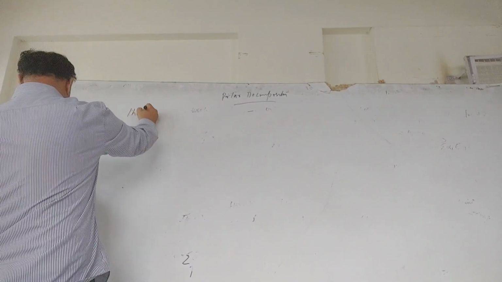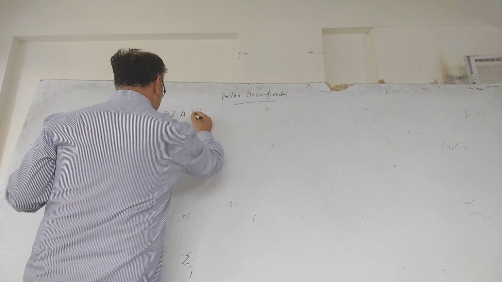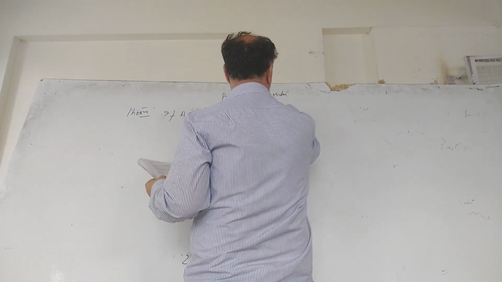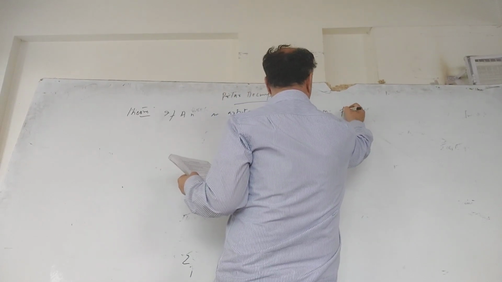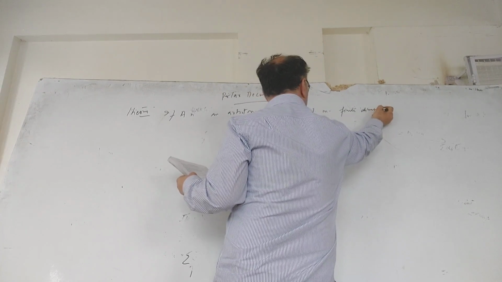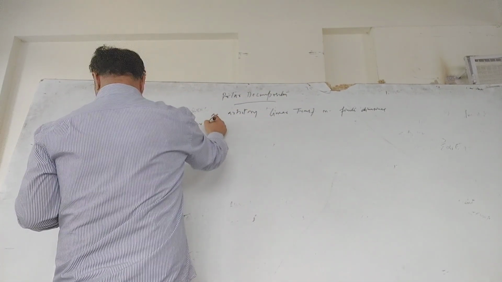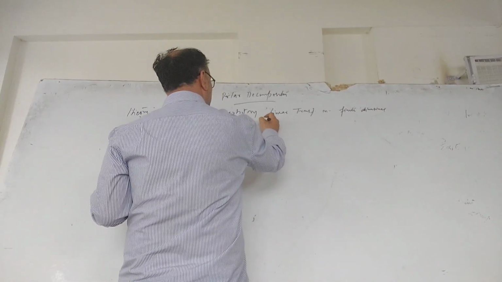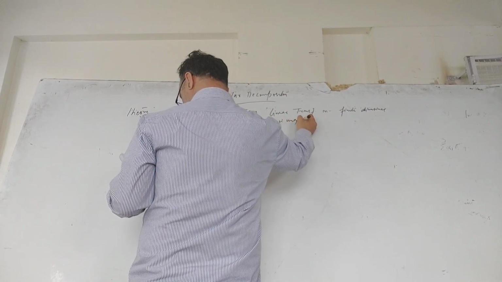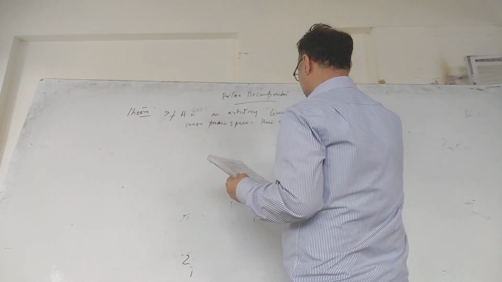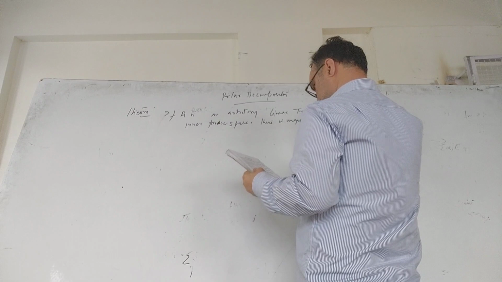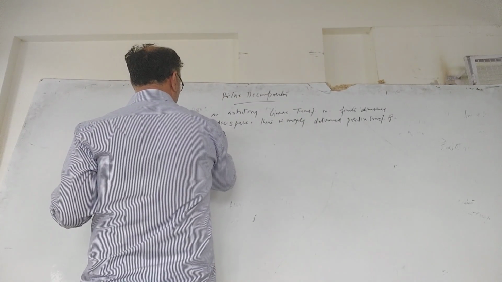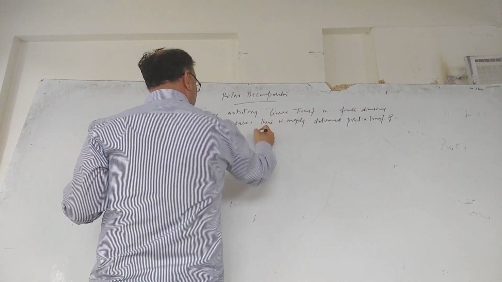I'll write it. The theorem says that if A is an arbitrary linear transformation on a finite dimensional inner product space, then there is a uniquely determined positive transformation P, and there is an isometry U such that A is equal to UP.